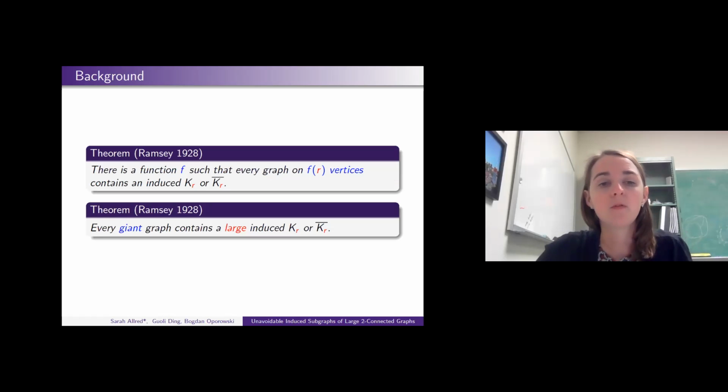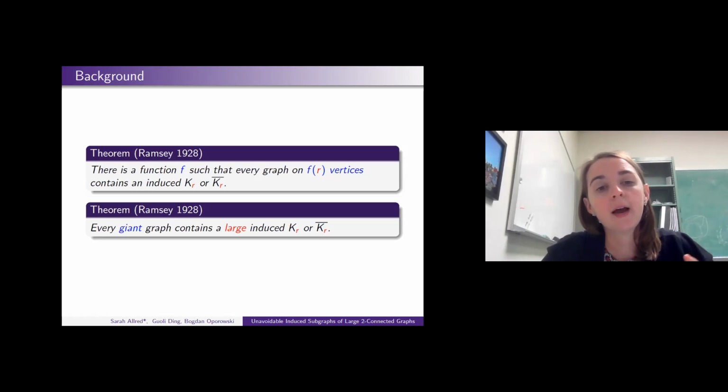Every theorem from here on out is going to be phrased in this giant, large way, where large is our target order, but in the paper, it's some function on some variable of vertices.